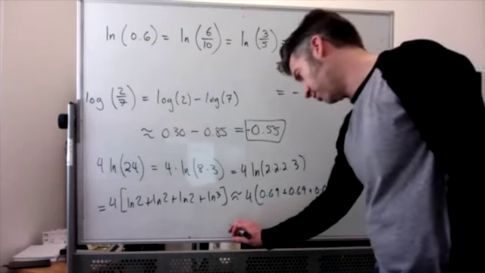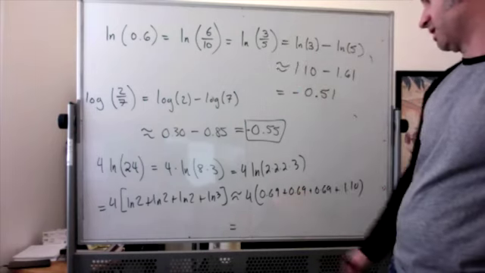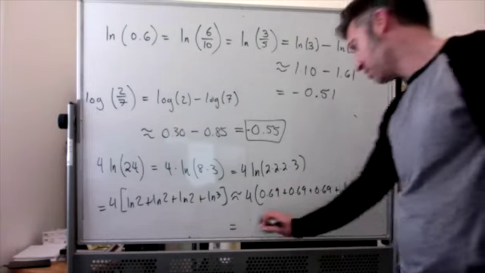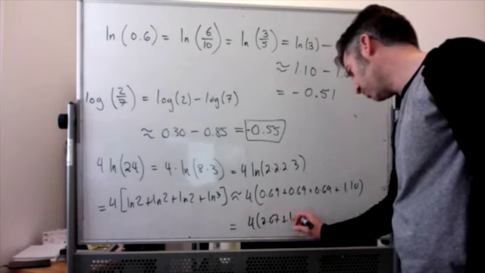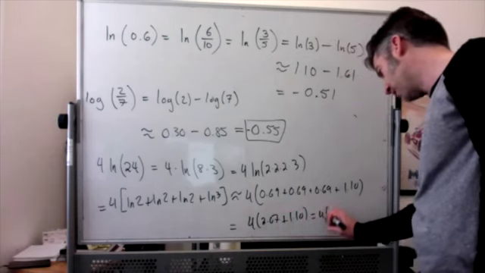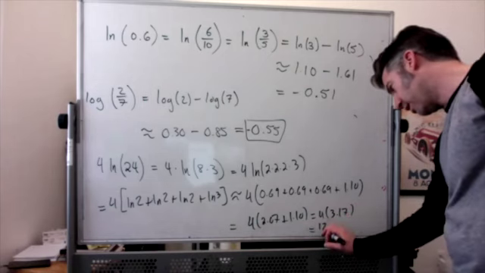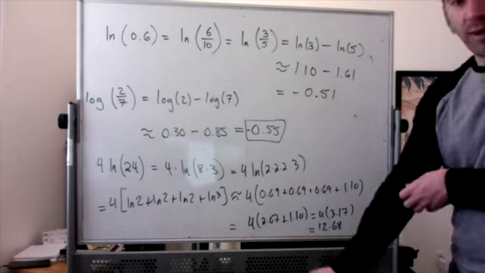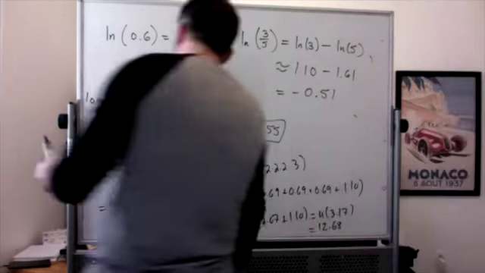It would be, I don't know, 0.69 plus 0.69 plus 0.69 is 2.07. So you've got 4 times 2.07 plus 1.10, which is 4 times 3.17, which is going to be 12.68. But there is a way we could do this with a little bit less work. And I just want to point that out.